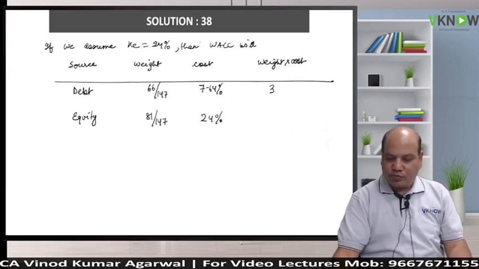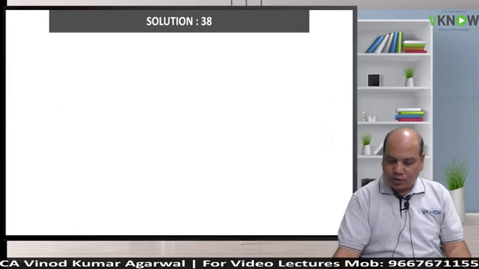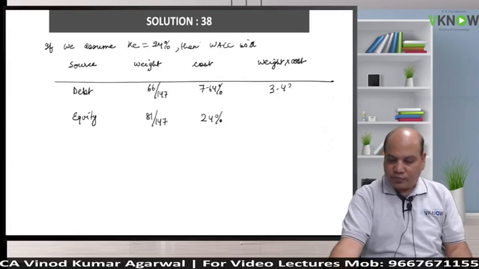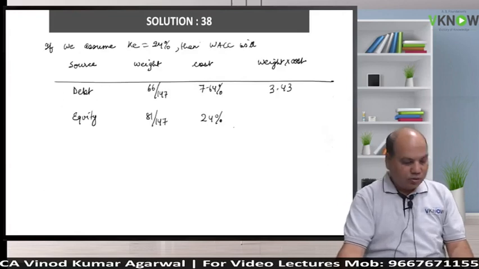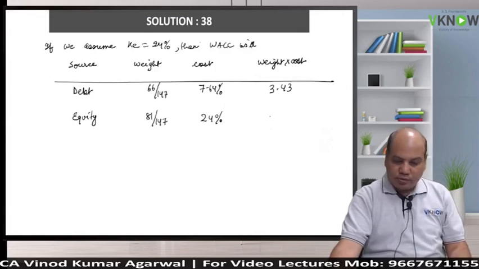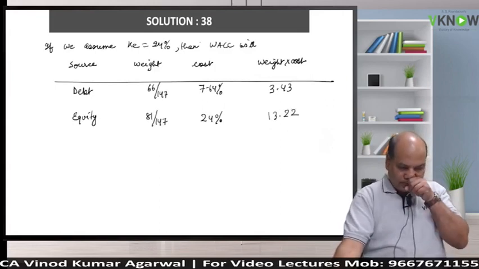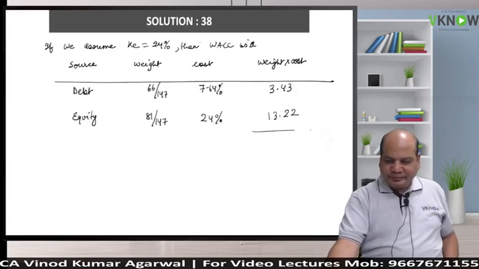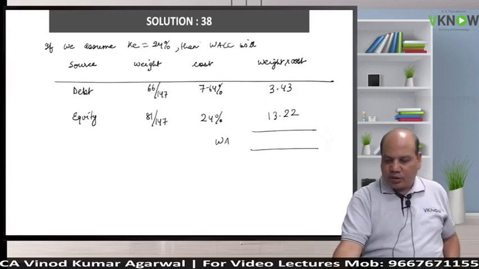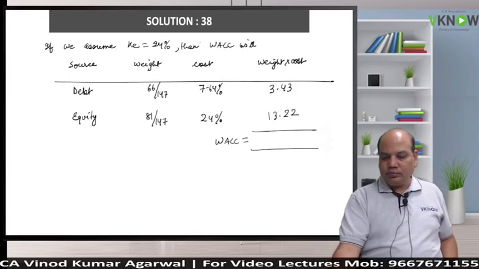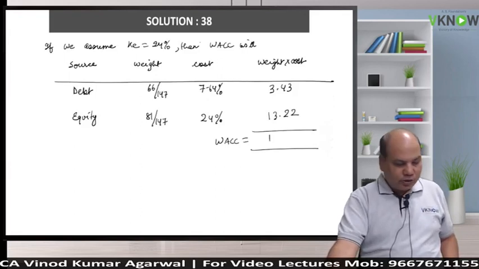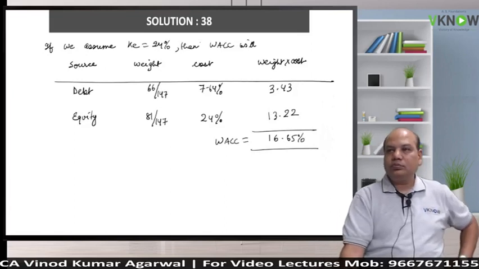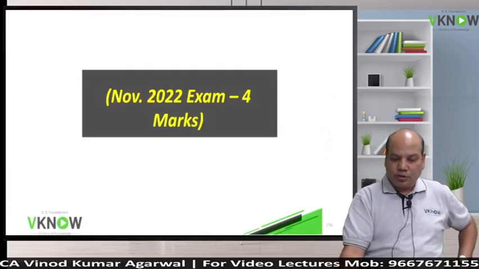This will be same as what you have written here, 3.43. It can't change. 13.22. So by a different assumption, the answer will be 16.65%.